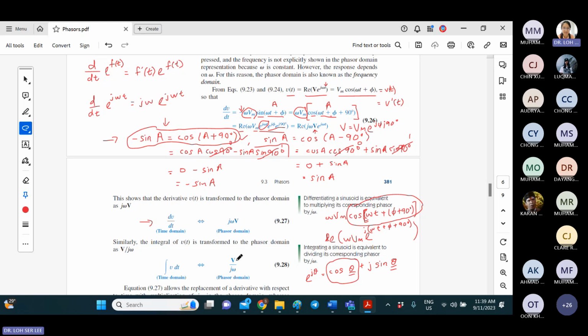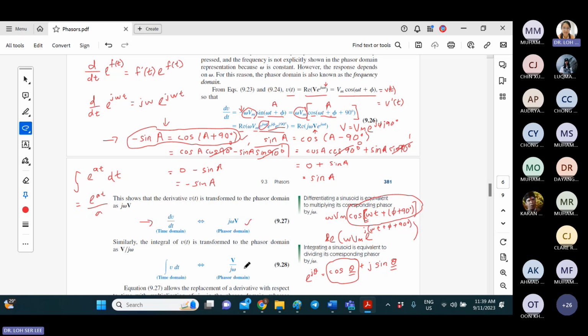And for the integration of e to the at, we get e to the at over a. That's why you get over j omega.